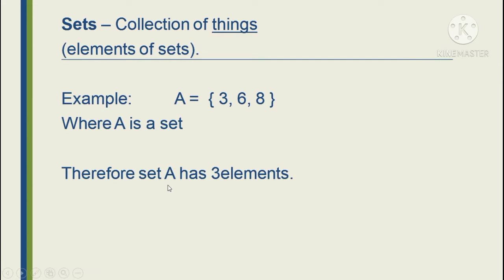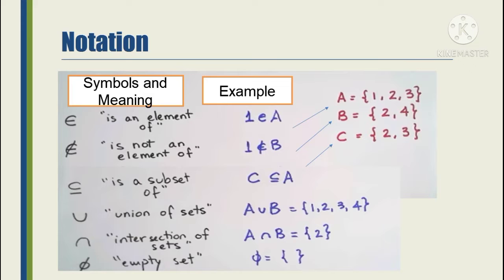Therefore, set A has 3 elements. So, ano yung mga elements na yun? Yun yung ating 3, 6, and 8. Naintindihan? Okay.